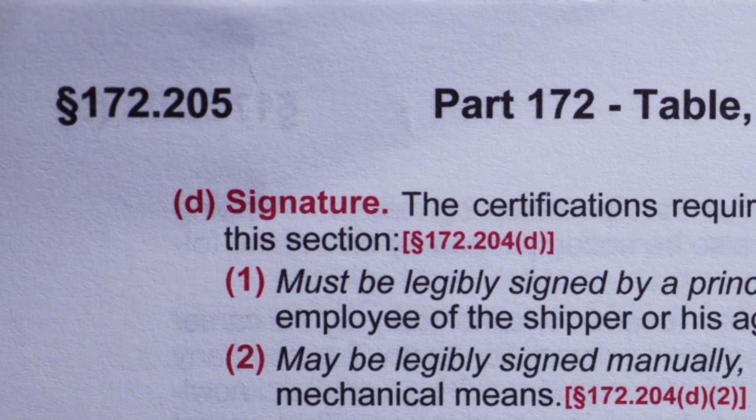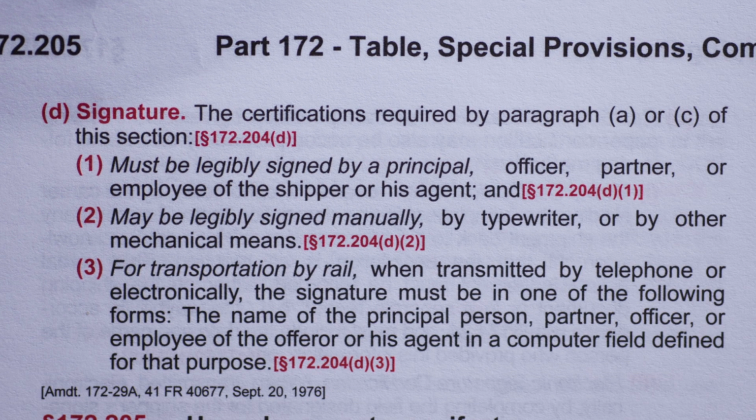The regulations also state that the certification statement must be signed. In paragraph D of 172.204, the regulations state that the certifications required by paragraphs A or C of this section must be legibly signed by a principal, officer, partner, or employee of the shipper or his agent and may be legibly signed mechanically or manually by typewriter or by other mechanical means.